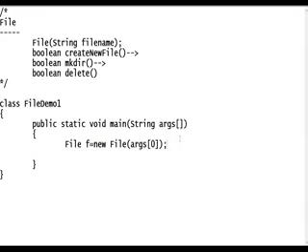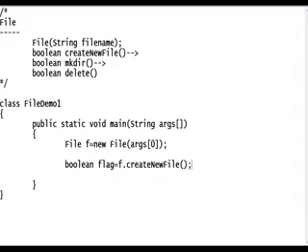I want to create a file. I will take one boolean variable, flag, and call f.createNewFile. Now using the flag value, you can check whether the file is created or not.